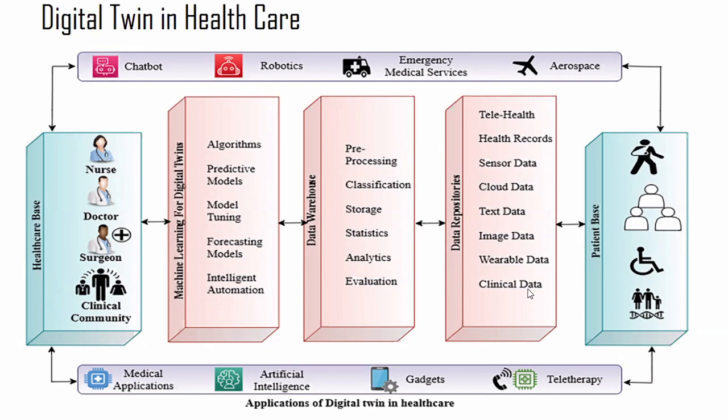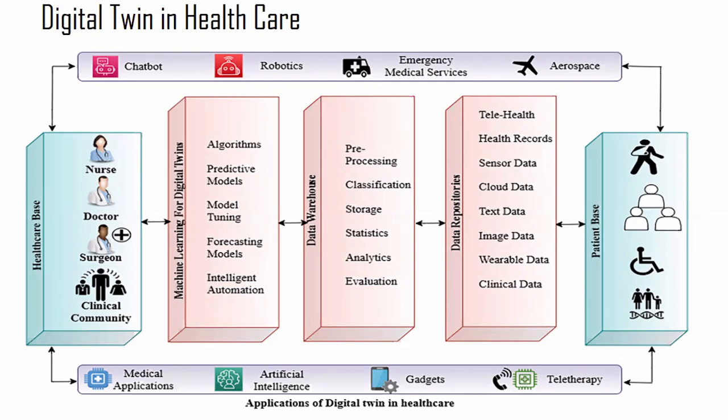These are the various data sources we can get from the patient base. That should be stored in a particular data repository. That repository can be a huge volume database, or you can store it in a cloud storage area. That way you can start this digital twin technology.